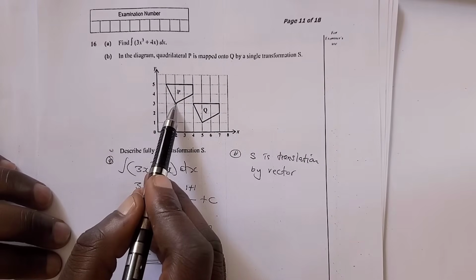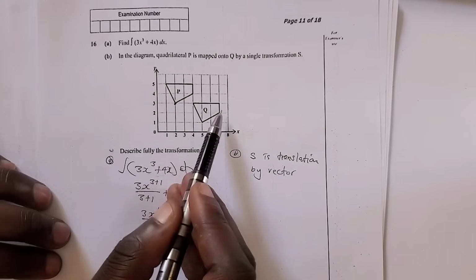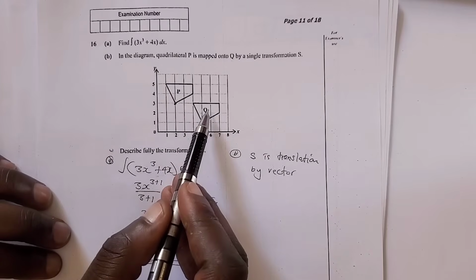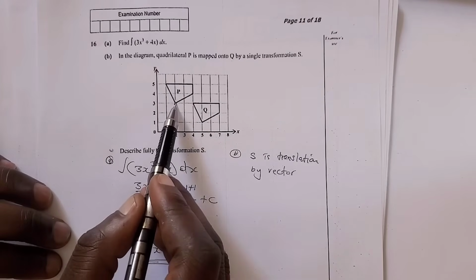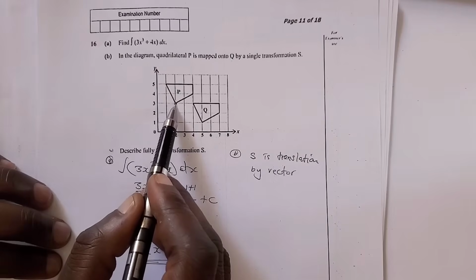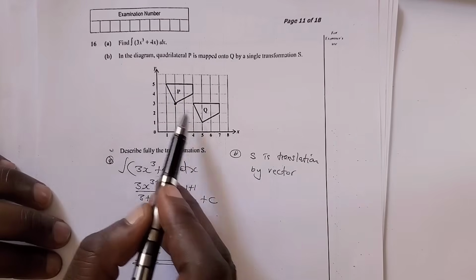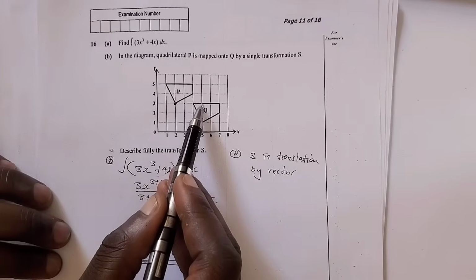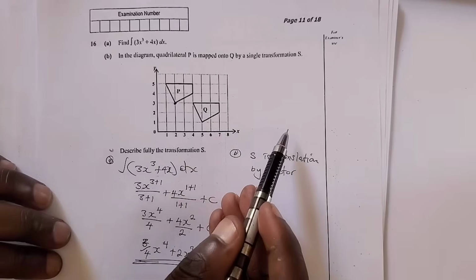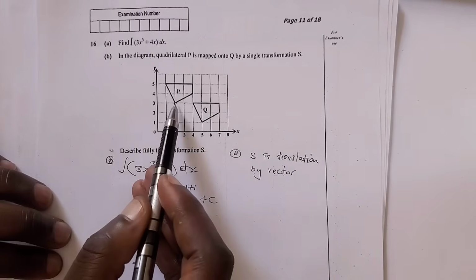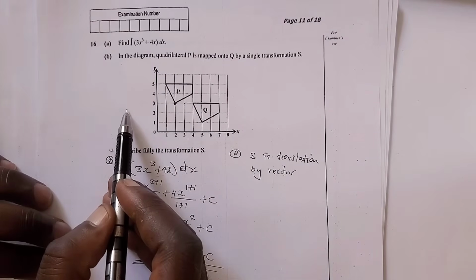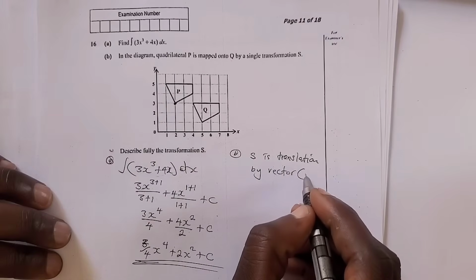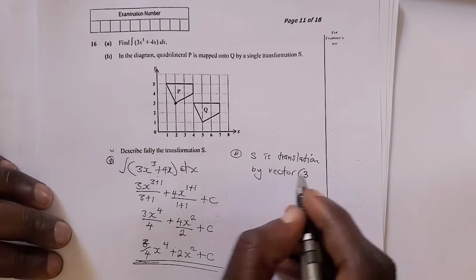Then you can either move to the left or right first. It's on the x-axis. This vertex here has moved 1, 2, 3. Three to the right means positive. If it was moving this side, it would have been negative. So the x value is positive 3.